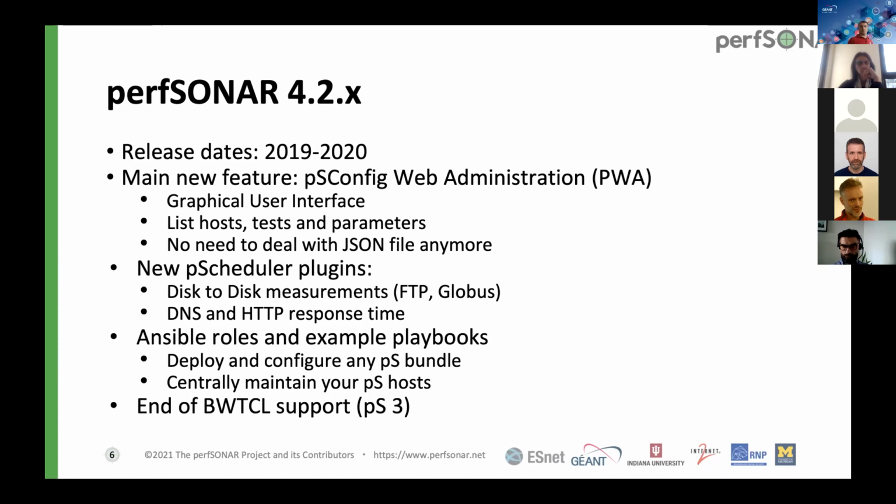So we hope that with this we can enable some network engineers, some system administrators to more easily manage a set of perfSONAR hosts and deploy and upgrade and distribute the configuration of these nodes.